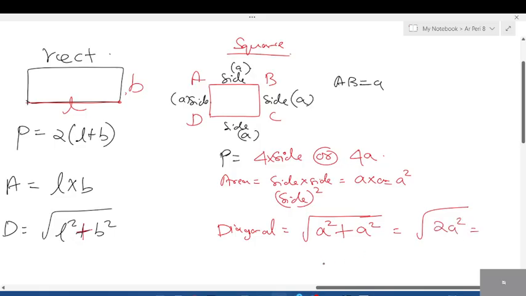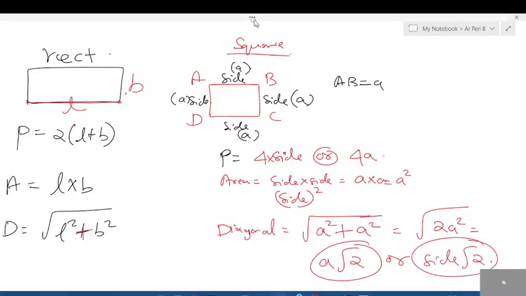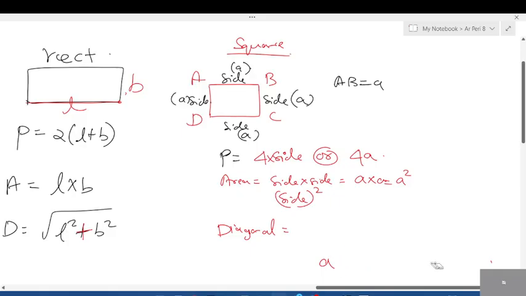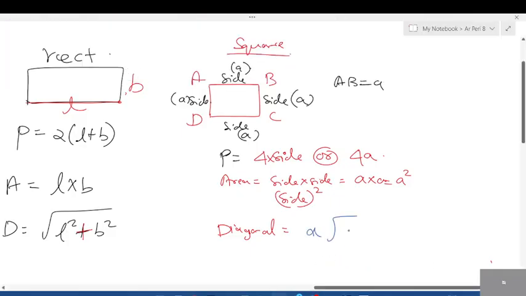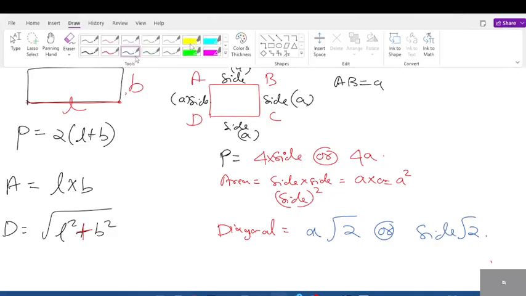So remember the direct formula: diagonal is A root 2 or side into root 2. Diagonal is the line which joins A to C, B to D. These are the three formulas you'll have to remember.